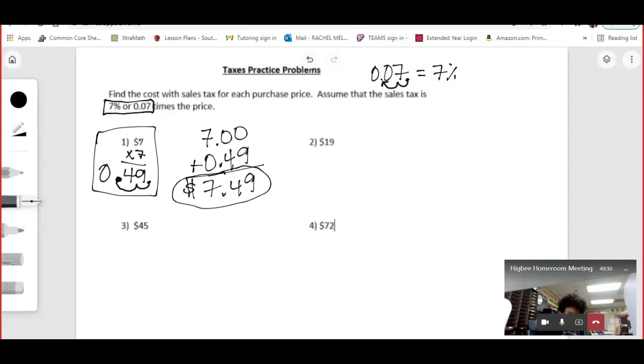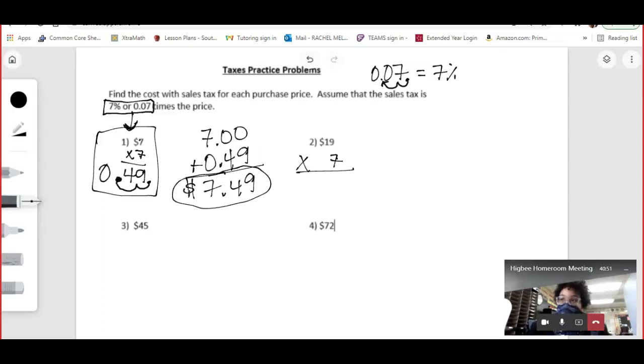Okay, so let's go over here and do $19. What do I need to do first? Multiply the final amount you owe times the sales tax, which is 7, right? I'm going to do this method because I think it's the easiest for you guys. So 19 times 7.